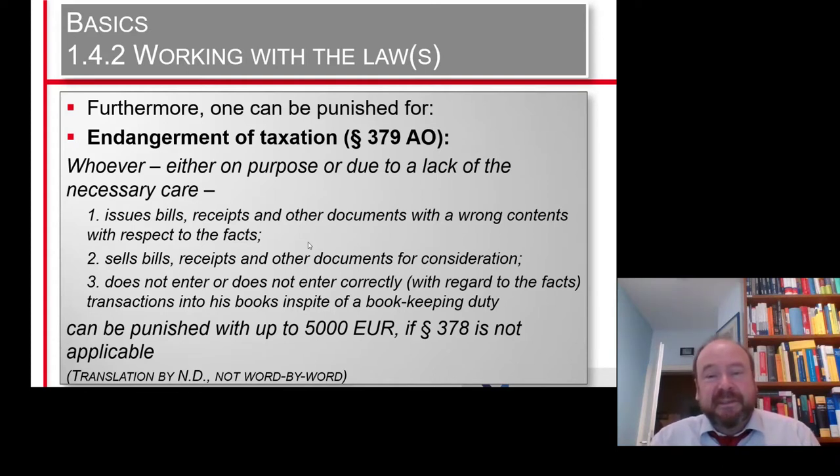If a customer in a restaurant there does not demand a written bill, a written invoice, does not take it out from the restaurant, so that the waiter must expect that the fiscal authorities might find that document in the hands of a customer during an inspection or so, then you will be punished already for that. That's their variant of, or one variant in countries of punishing endangerment of taxation.